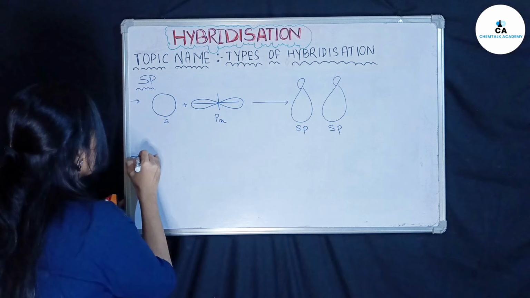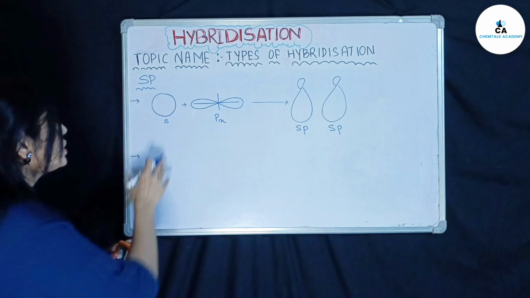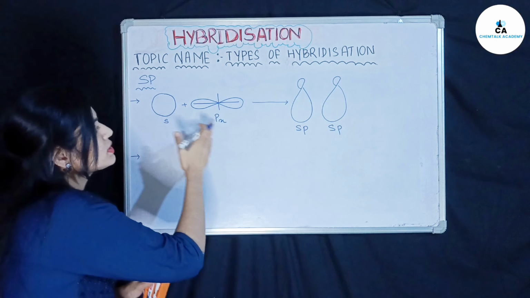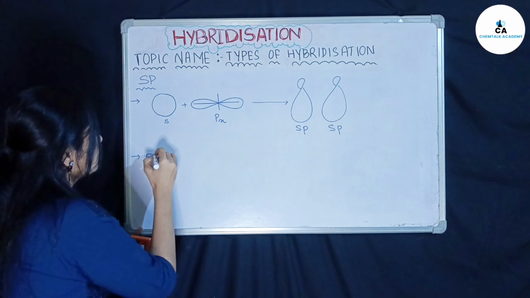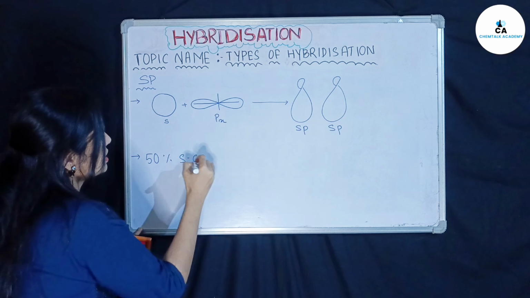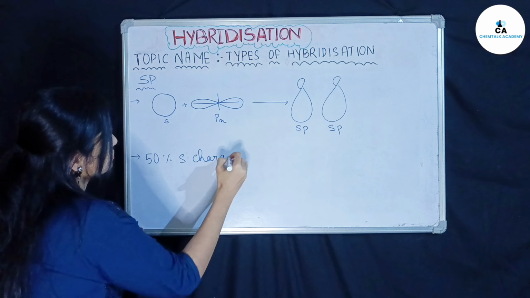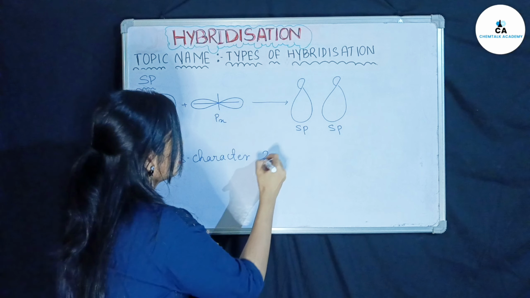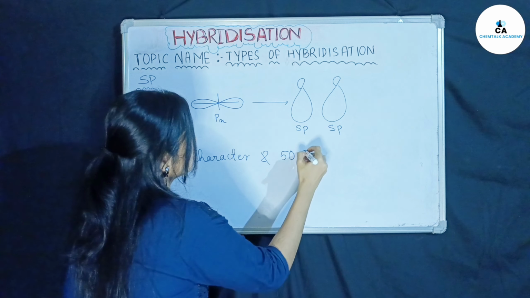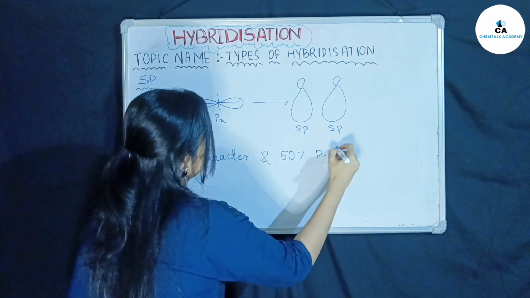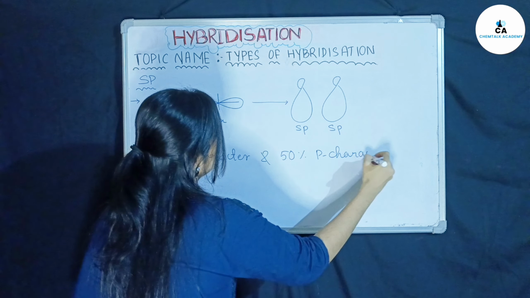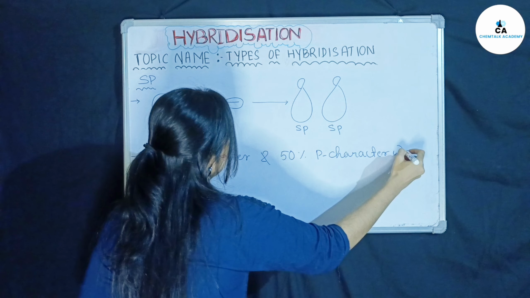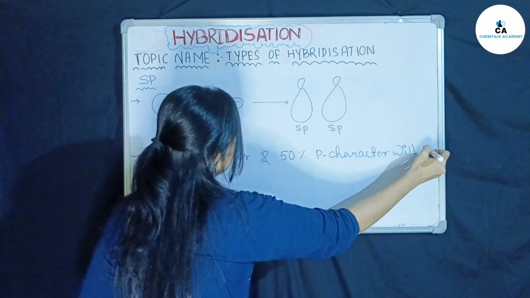Now, what is the percentage? Here 1s and 1p, so 50% s character and 50% p character will be present.